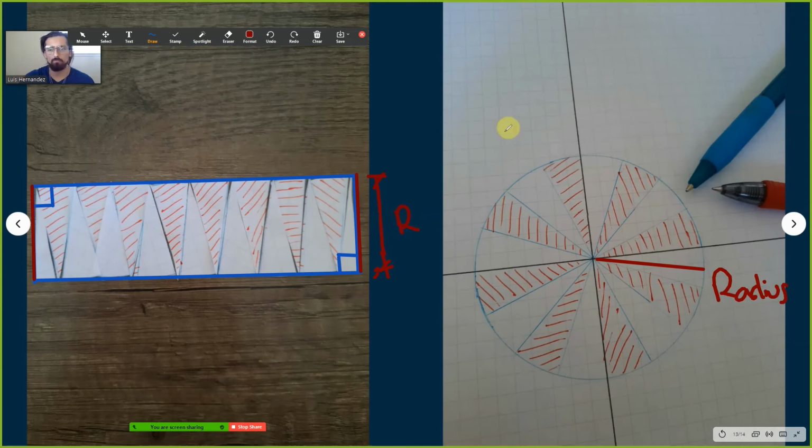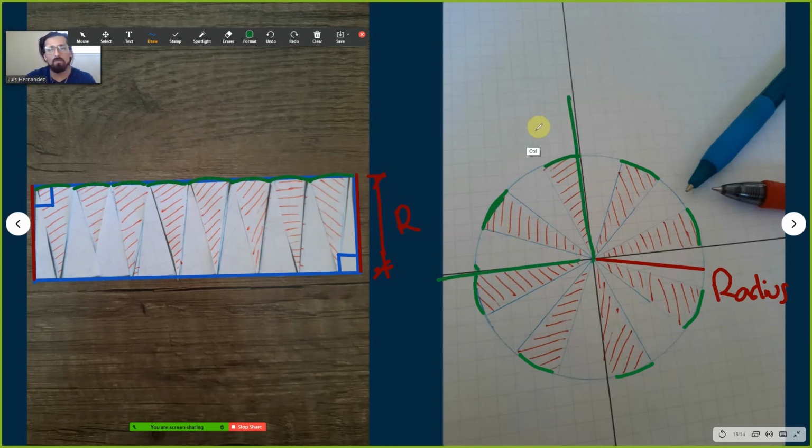Let's just call it r. I'm going to use a different color over here, and we are observing that these arcs that come from the red pieces that we cut are here, part of the circumference. If I put all these lines together, what I'm going to obtain is half a circumference.